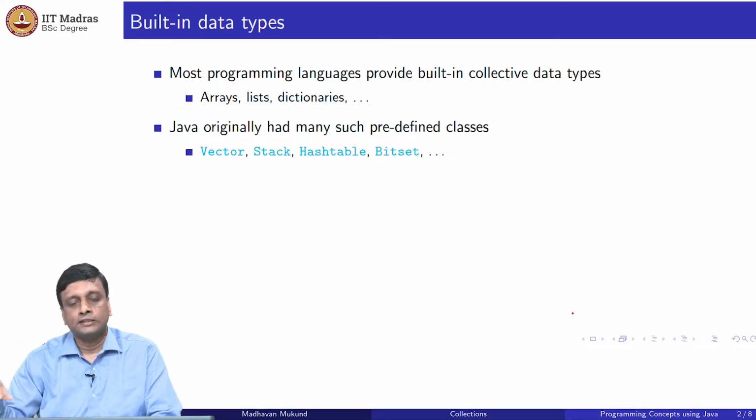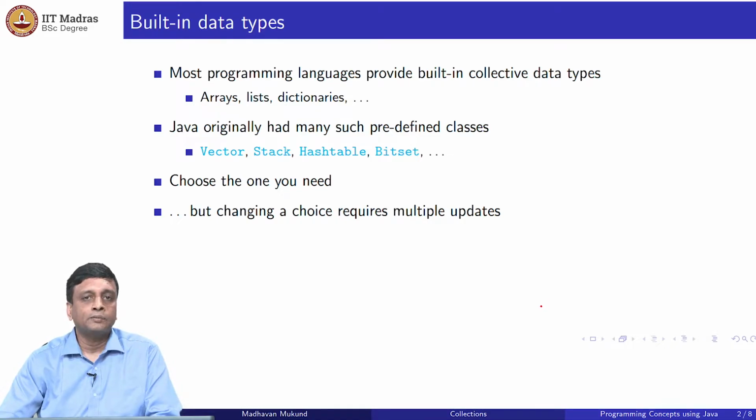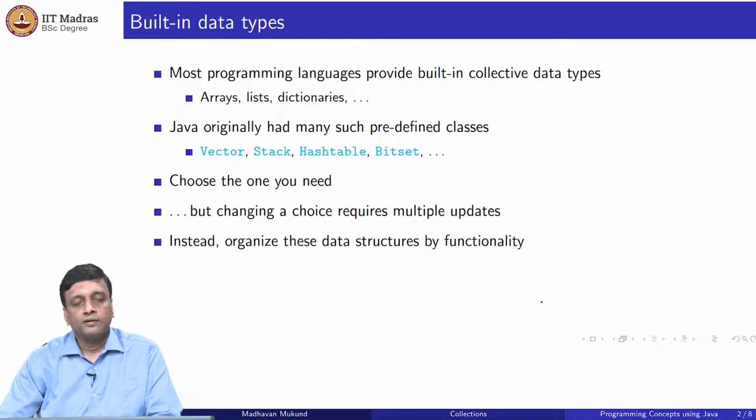These are all different data structures which offer different features in terms of usability and performance for storing different types of values. So, you choose the one that you need, but changing your choice requires you to make multiple updates, and that is exactly the problem that we are talking about.